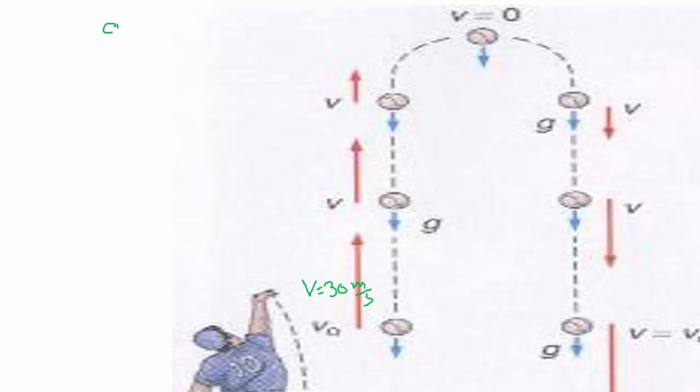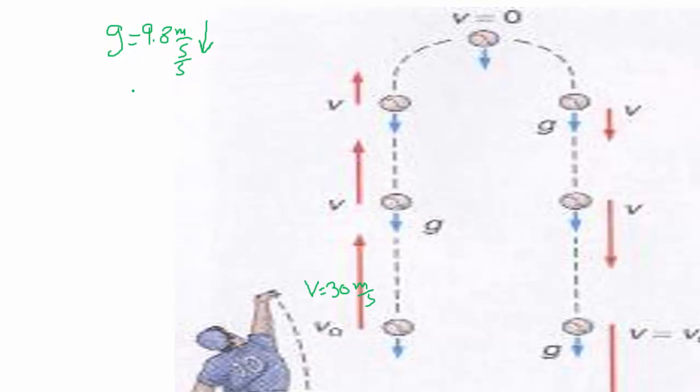Now we know g is 9.8 meters per second squared, and it's downward. For the purpose of simplicity, let's take it to be 10 meters per second squared, just to make the calculations easier. So what will happen to the speed after 1 second?